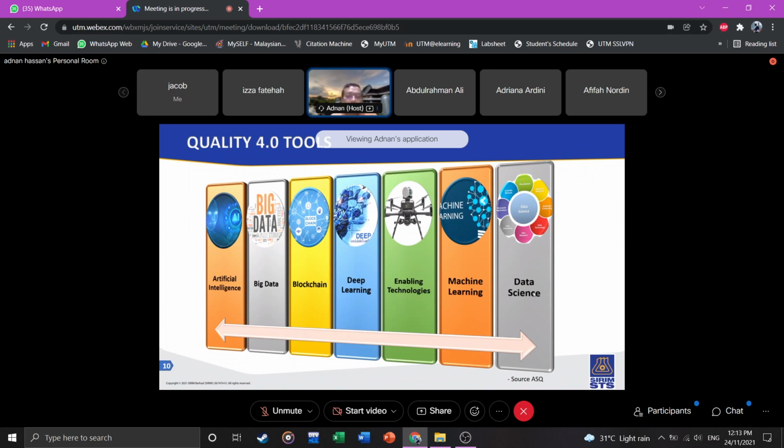So sebenarnya when you learn quality, okay, when you learn about Six Sigma, you need to relate to data science or data analytics, because we are dealing with data. Okay, quality basically dealing with data. Okay, so we need to adjust ourselves so that we also have understanding on data science, data analytics.